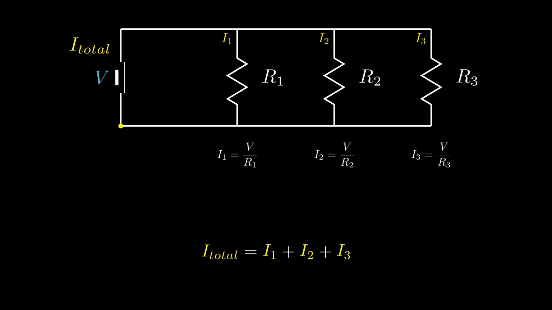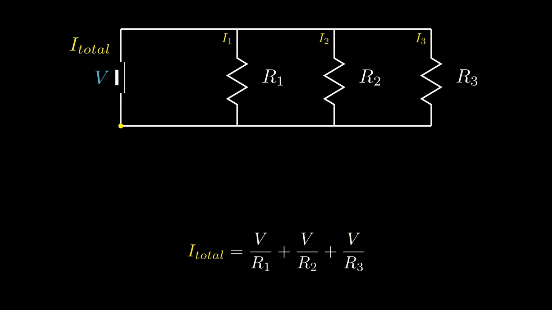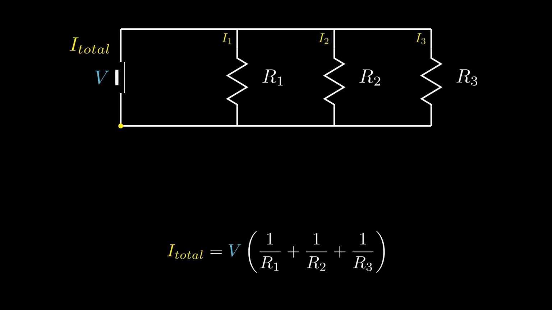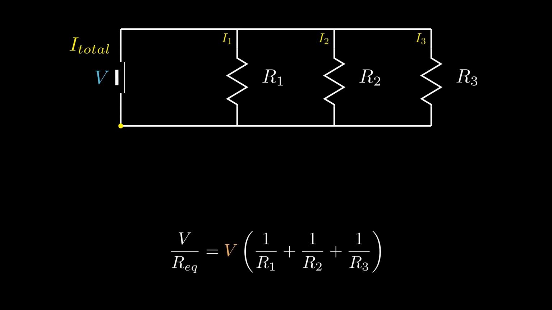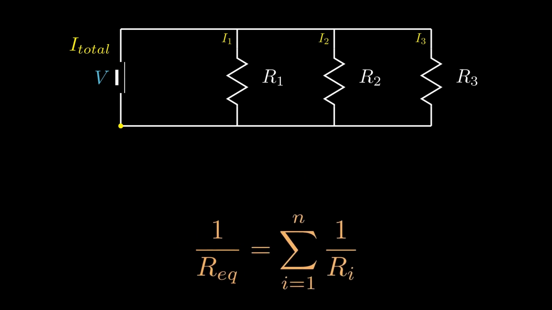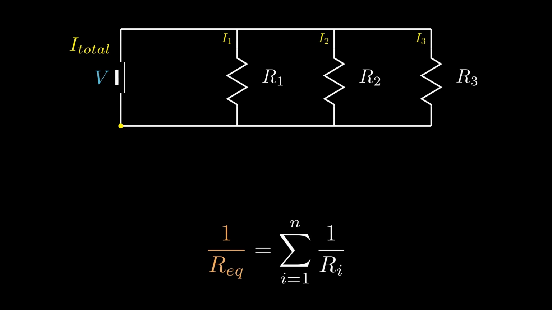Then, the sum of these quotients gives the total current. Simplifying, we see this. We also know that the voltage divided by the total resistance gives the current. Hence, we obtain the result that the total resistance in a parallel circuit is the inverse of the sum of the inverses of the resistances at each junction.